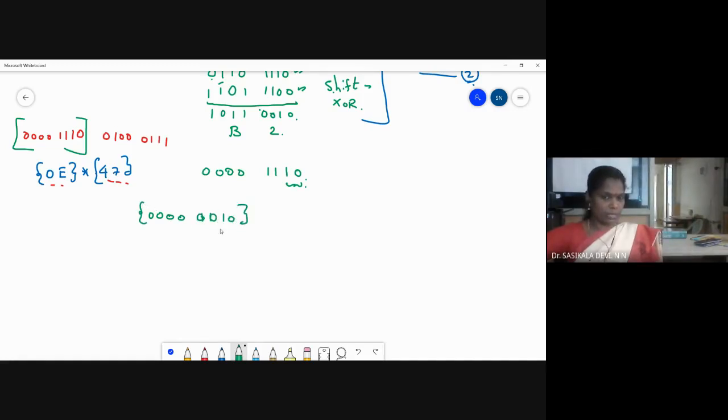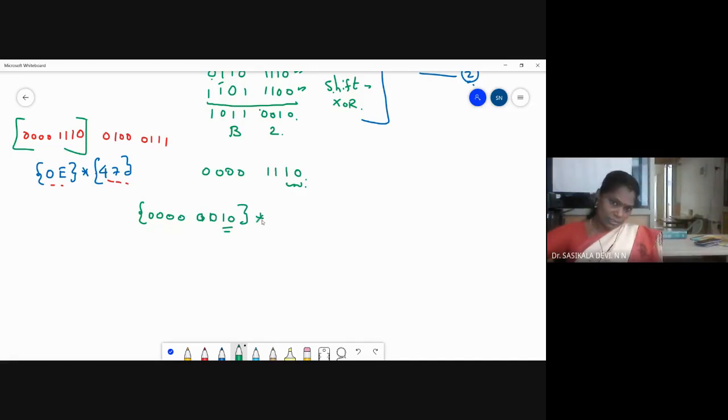If it is multiplied with 2, you do the shift and XOR operation and you get the result. Multiplication by 2, you know, is the shift followed by a simple XOR. After multiplication by 2 you get the result, and that can be shifted again with the XOR operation.